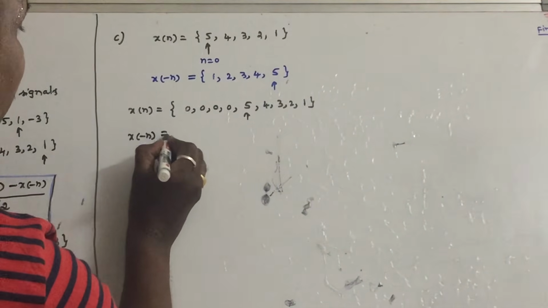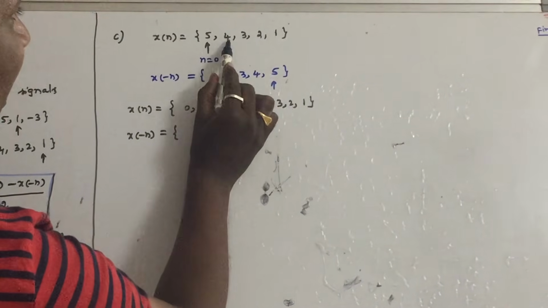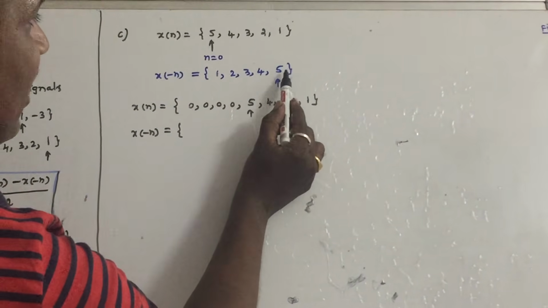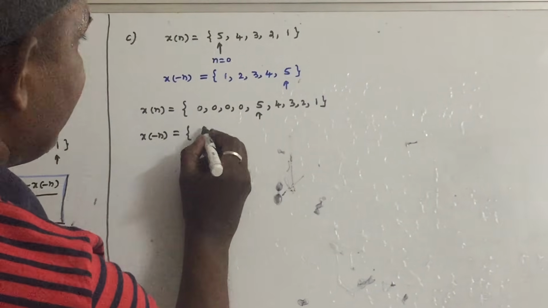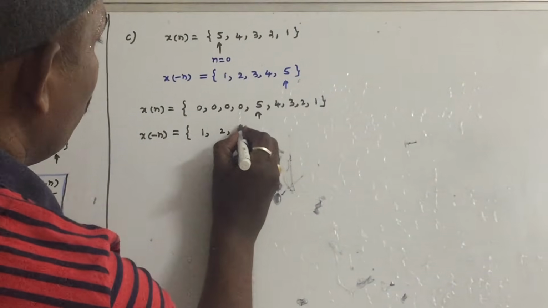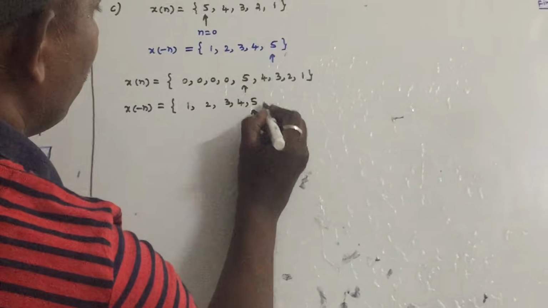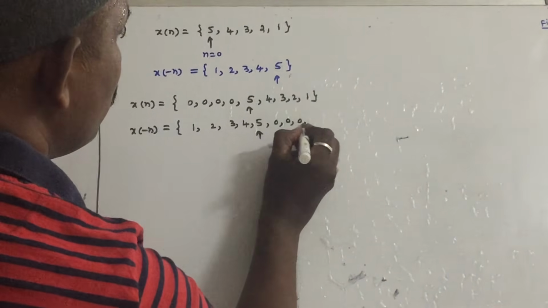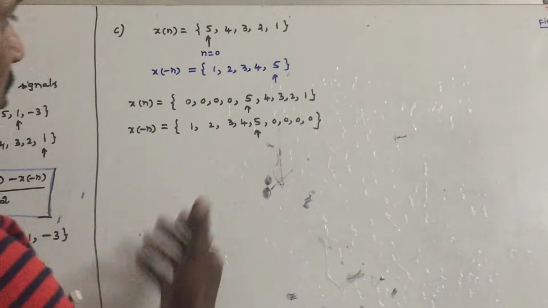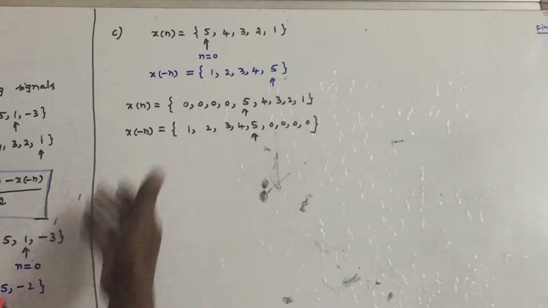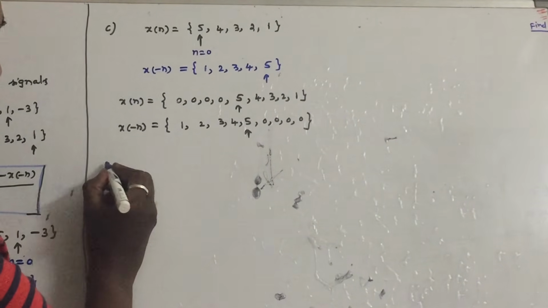Similarly, x of n has 4 samples on the right side, but x of minus n has no samples on the right side. So let us make zeros on the right side: 1, 2, 3, 4, 5, 0, 0, 0, 0. Now you can see that both sequences are equal. So now you can easily add the two sequences to find the even and odd components.